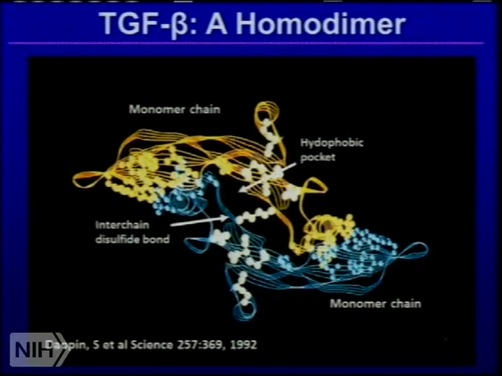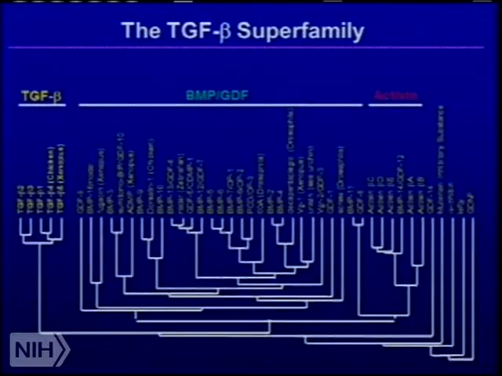The crystal structure of TGF-beta was established in the early 90s, and it was shown to consist of two identical monomeric chains that were held together by an interchain disulfide bond with a hydrophobic pocket in the center portion.